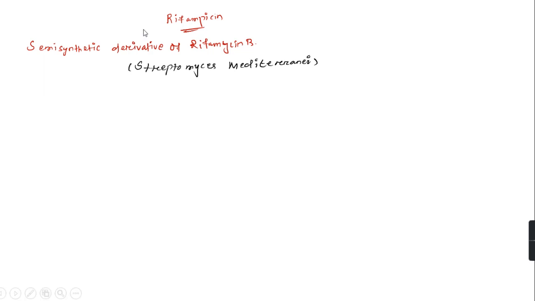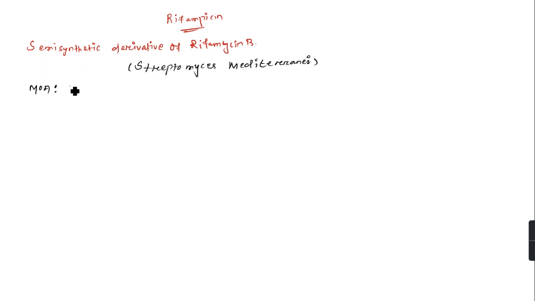This is a bactericidal drug, also like isoniazid. It is effective against both extracellular as well as intracellular bacilli.